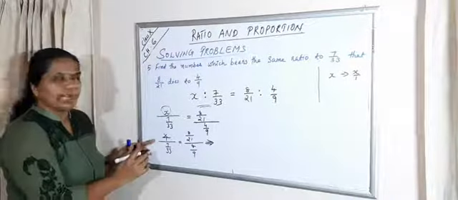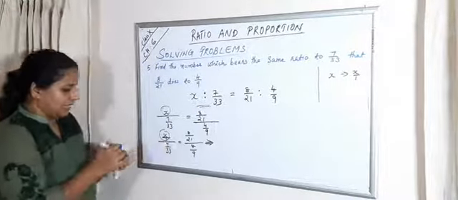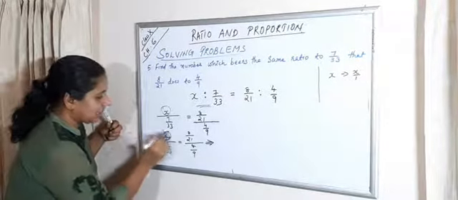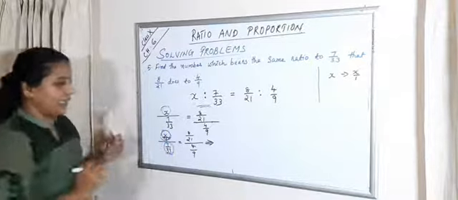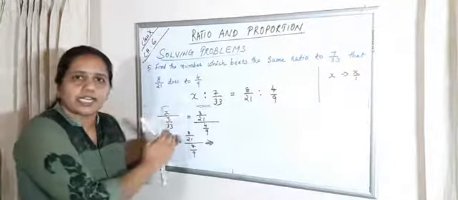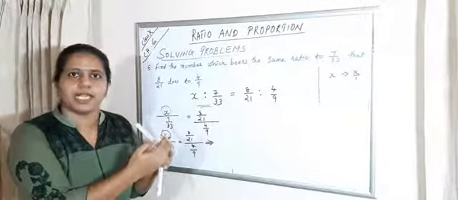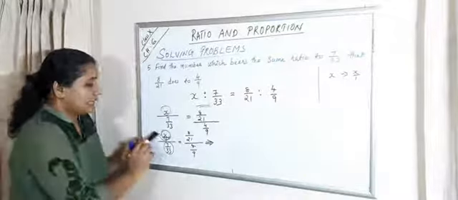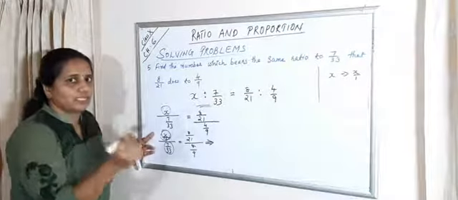Then a fraction divided by another fraction means the given fraction multiplied by its reciprocal. Always remember it, you are studying it from 5th standard onwards.